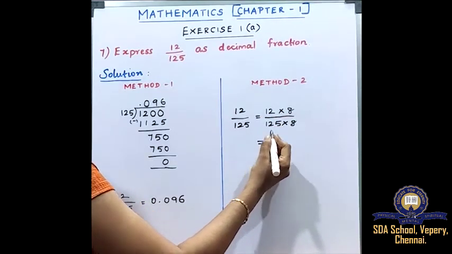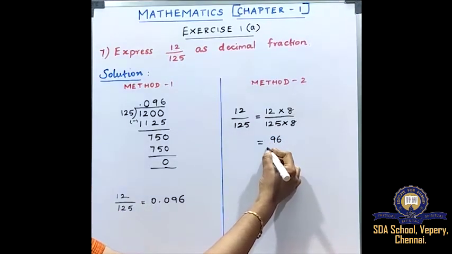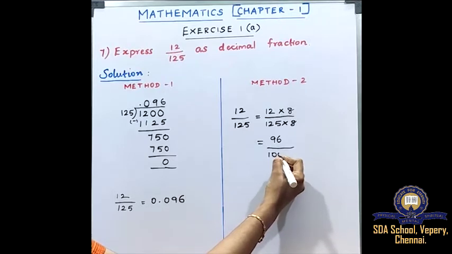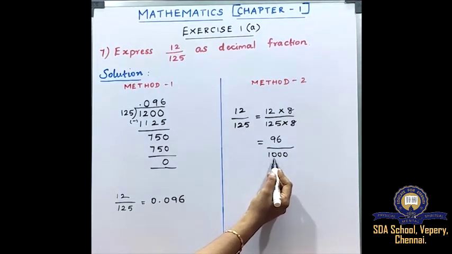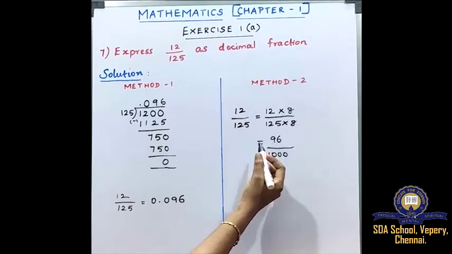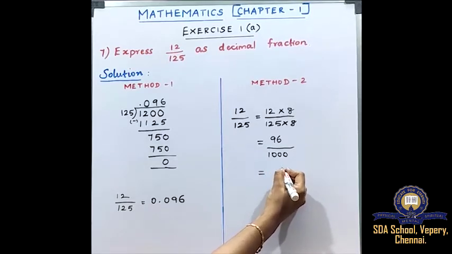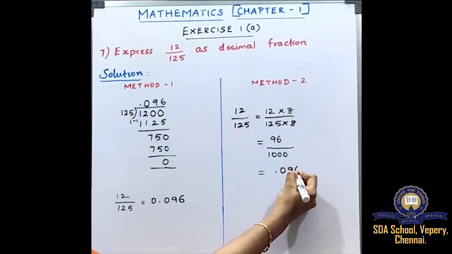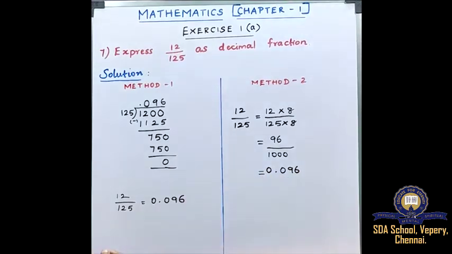So 12 into 8 is 96 and 125 into 8 is 1000. This we have already studied in lower classes. Since we have 3 zeros in the denominator, before 3 numbers you have to place the decimal point. So you will get 0.096. So the answer is 0.096.